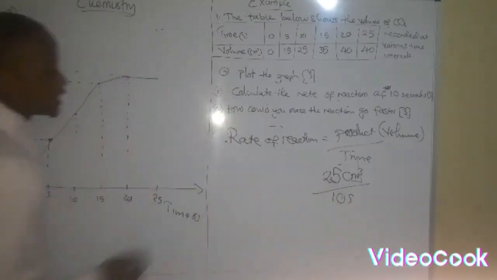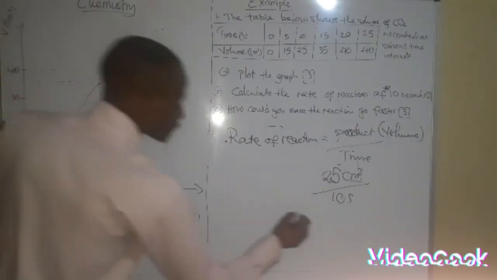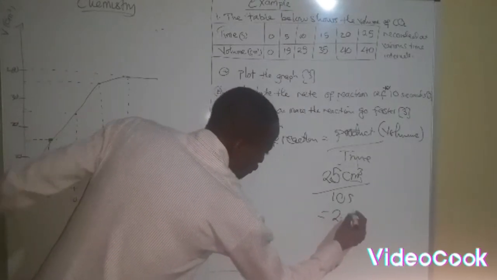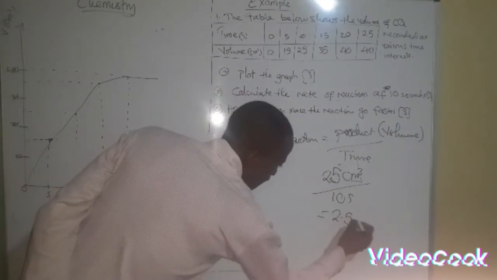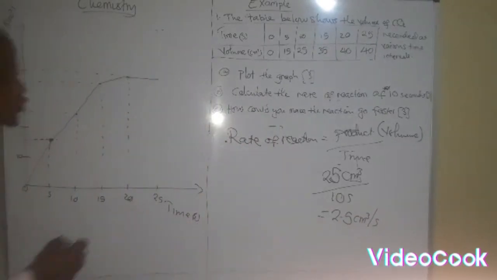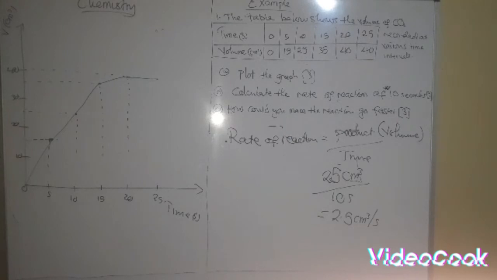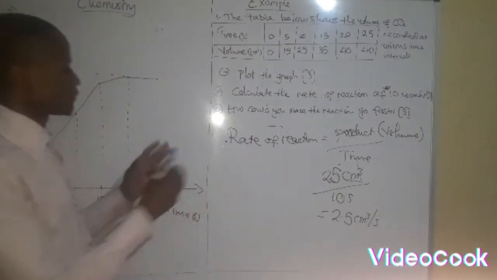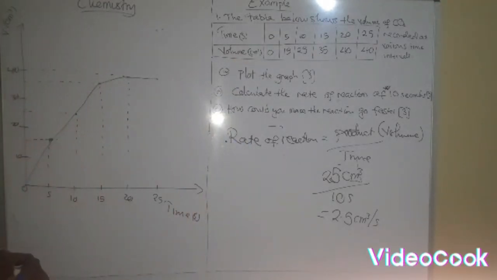You divide 25 by 10, which will give you 2.5. So the rate of reaction is equal to 2.5 centimeters cubed per second. That is the rate of reaction after 10 seconds. Okay, the questions are quite easy. The answers, you're just getting them from the table and putting them on your answer sheet there.